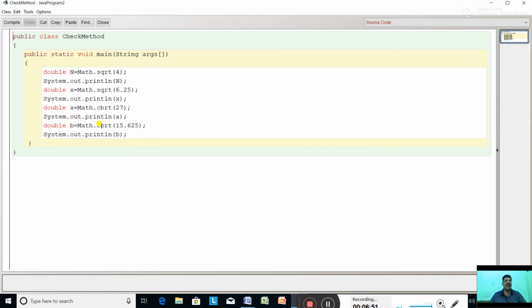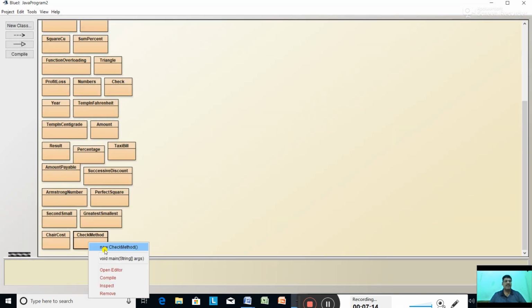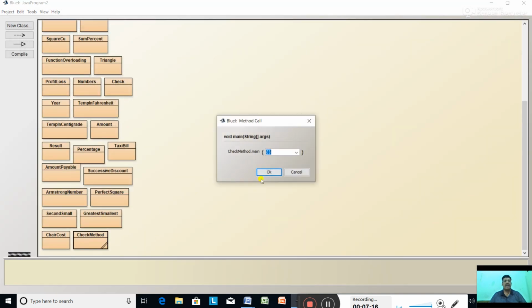Double b equal to Math.cbrt(15.625), cube root of 15.625, System.out.println(b). Okay, so both examples of sqrt and cbrt are there. Run, compile, no syntax error. Close, right click, void main, OK.